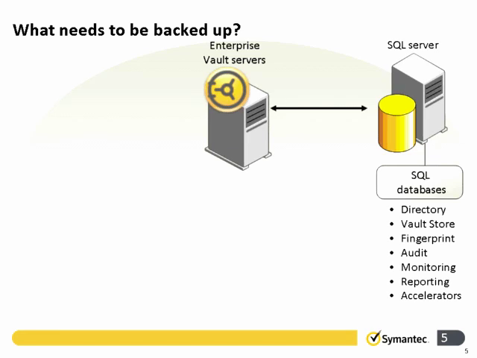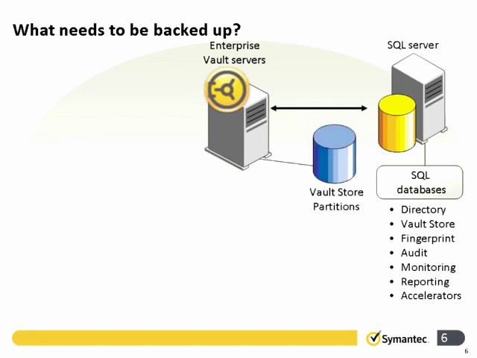You can have an auditing database, and also if you are using the Enterprise Vault Operations Manager, there's going to be a monitoring database. If you are setting up and using the reports within Enterprise Vault, you'll have a database associated with reporting. And if you are using those Enterprise Vault add-ons, such as Compliance Accelerator or Discovery Accelerator, they also have their own set of databases as well.